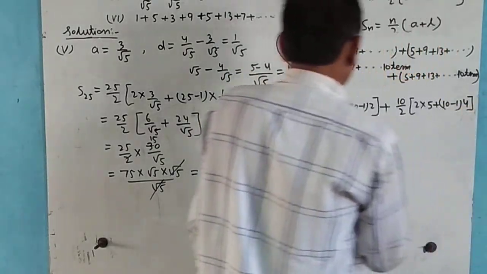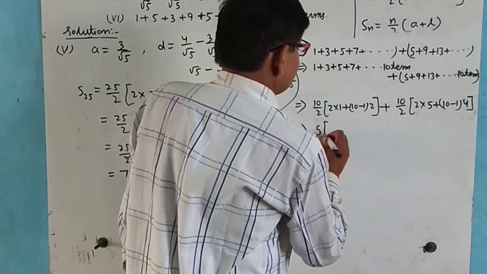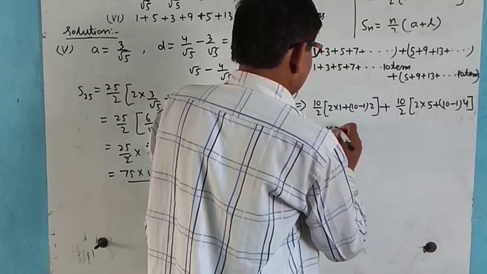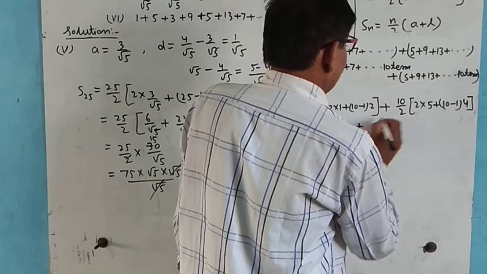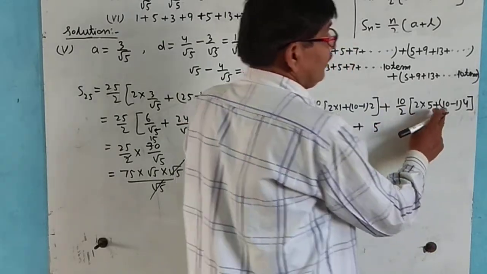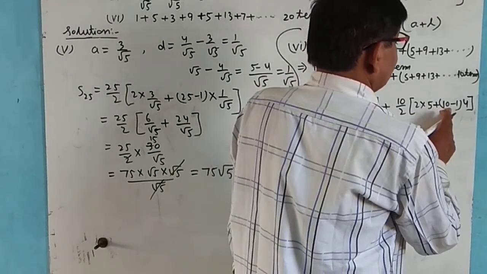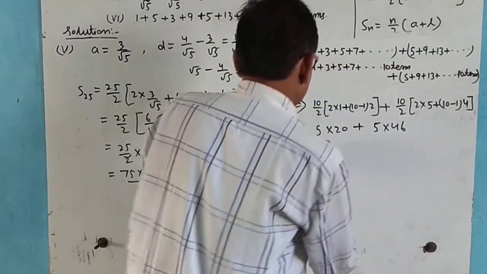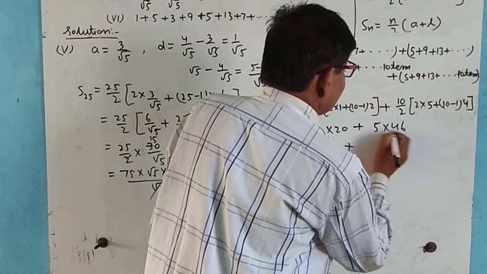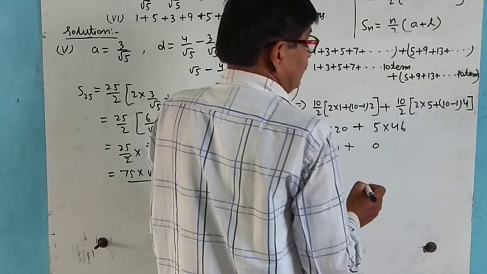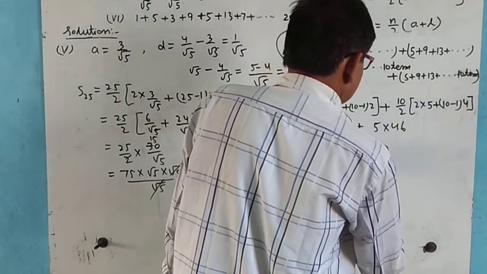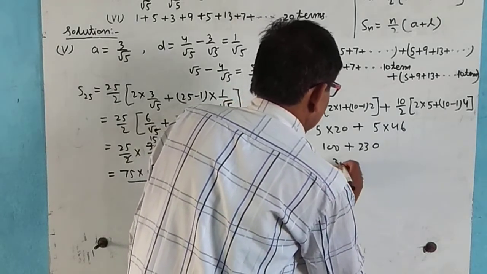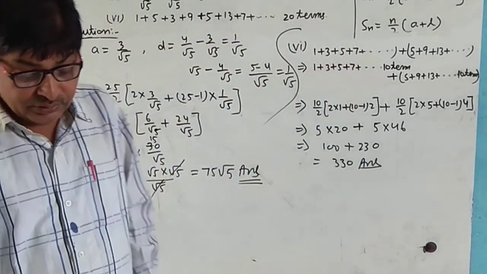Now 2 fives are 10, 9 fours are 36, 36 plus 10 is 46. 5 sixes are 30, 3 and 5 fours are 20, 23, so this is equal to 330. The sum of this is equal to 330.